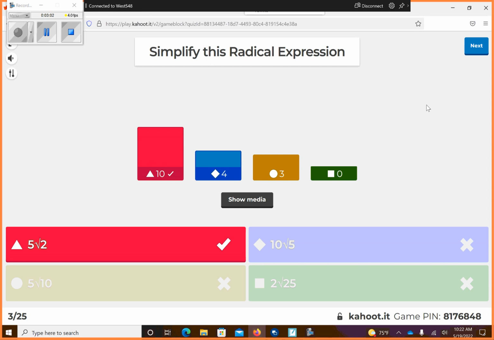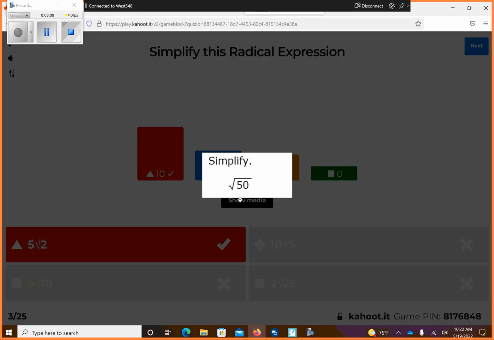Woo, 10 of you got it right. So those who didn't get it right, do you see that you can break root 50 to 25 times 2, because 25 is a perfect square, then you go square root of 25 to get 5, so 5 root 2.